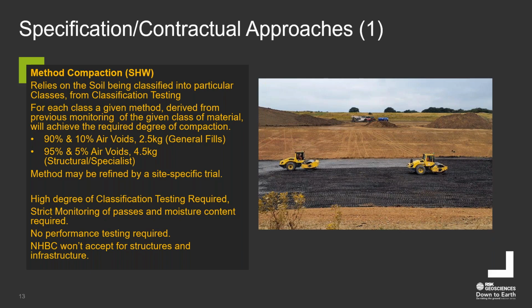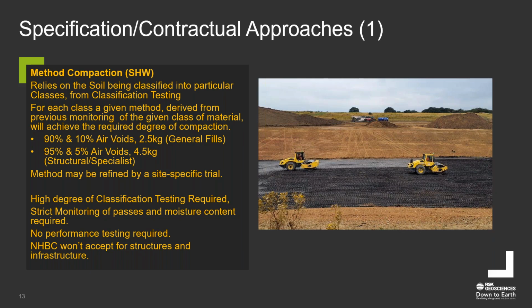But there are a few pitfalls with using the Specification for Highway Works, particularly in relation to building structures on it, because it wasn't designed for that purpose. It was designed for building roads, and the target compactions it was designed to achieve are only 90% maximum dry density and 10% air voids, but with the 2.5 kilogram rammer for general fills.